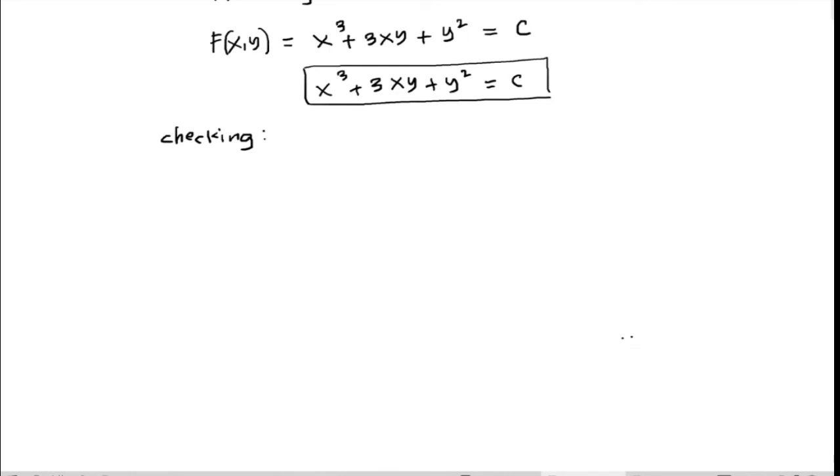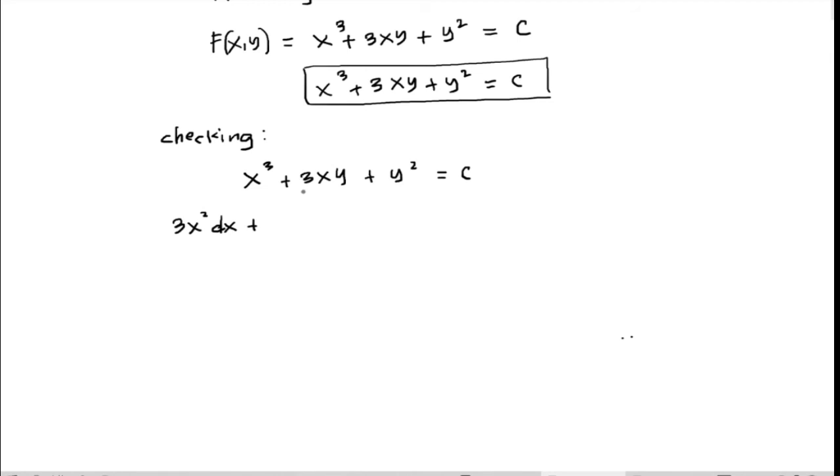At this time, we're going to spend time checking our answer by differentiations. This is our answer, x cubed plus 3xy plus y squared is equal to constant. We're going to get the differential of all the terms. For the x cubed, that is 3x squared dx.